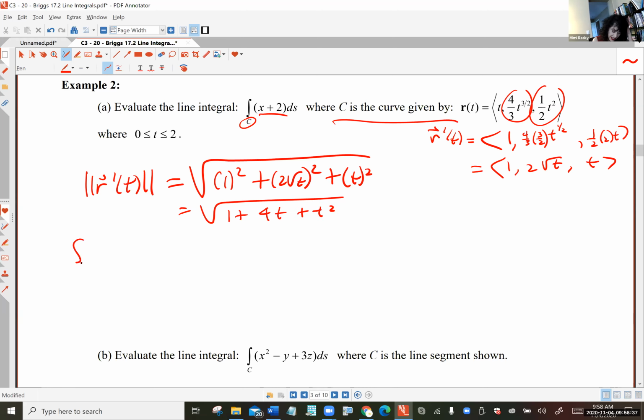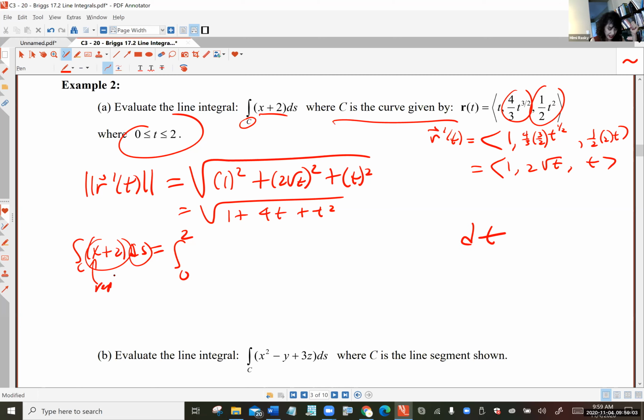Now what? This line integral, and I'm going pretty quickly here, but this is easy, okay? It's just substituting. They told you that time is going from 0 to 2. That was very kind of them. You don't have to come up with a range for time. And then the x plus 2, well, you don't want x, because I have to have an integral that only has a t in there, because we're going to do dt here.